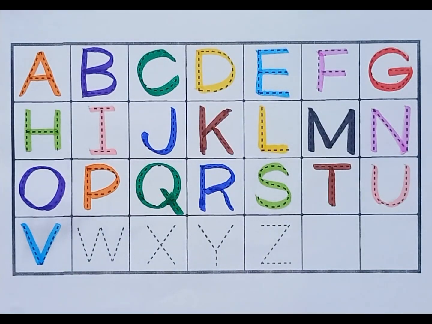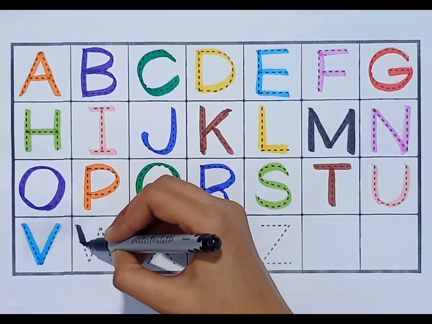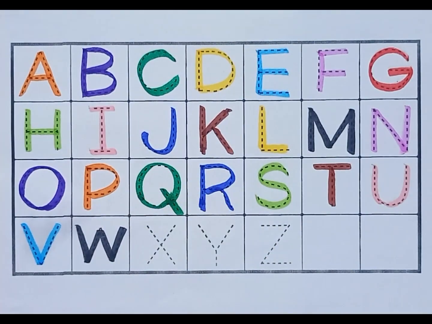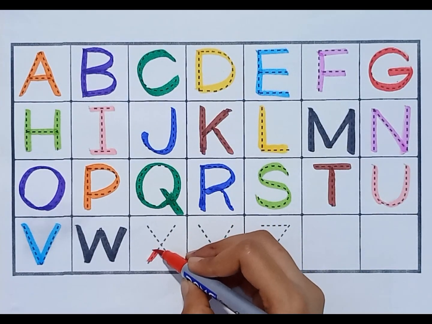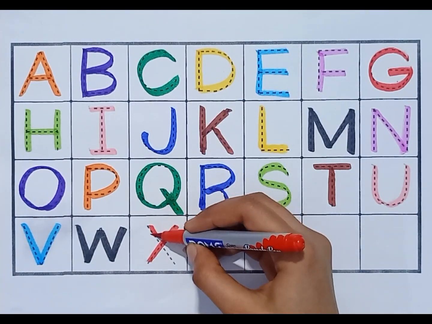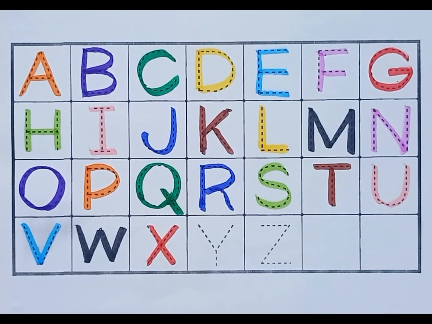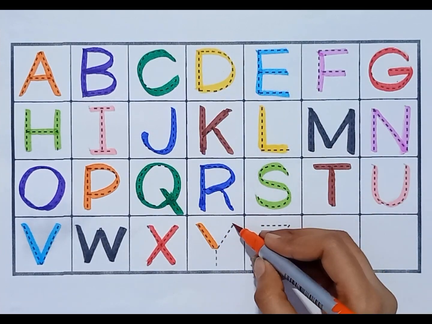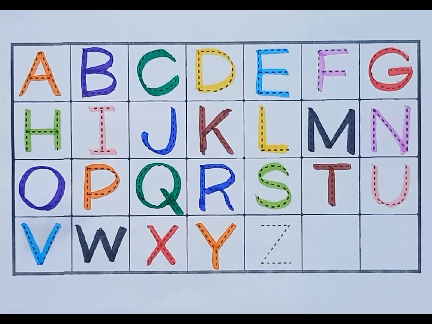V for van. W for watch. X for Xmas tree. Y for yak.